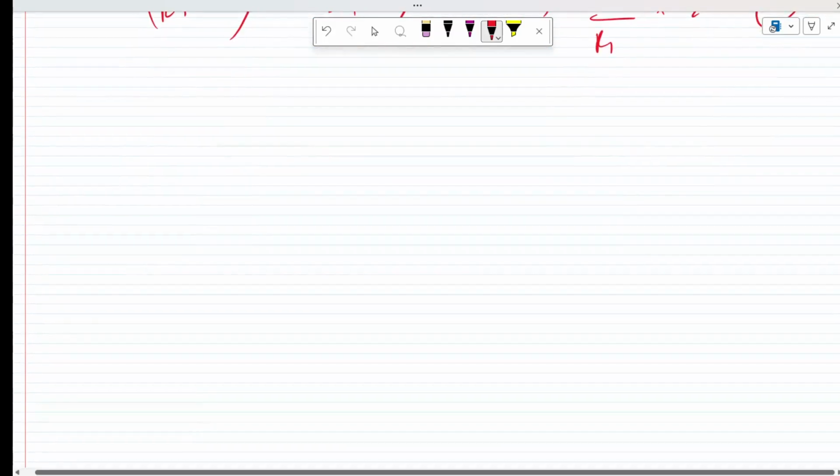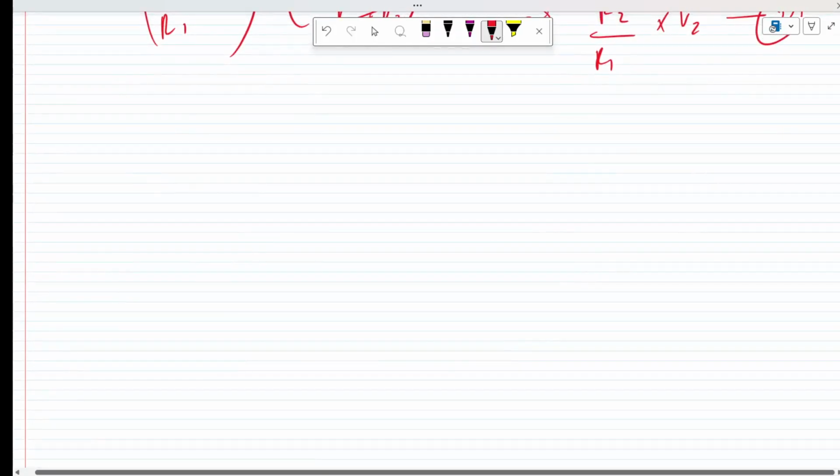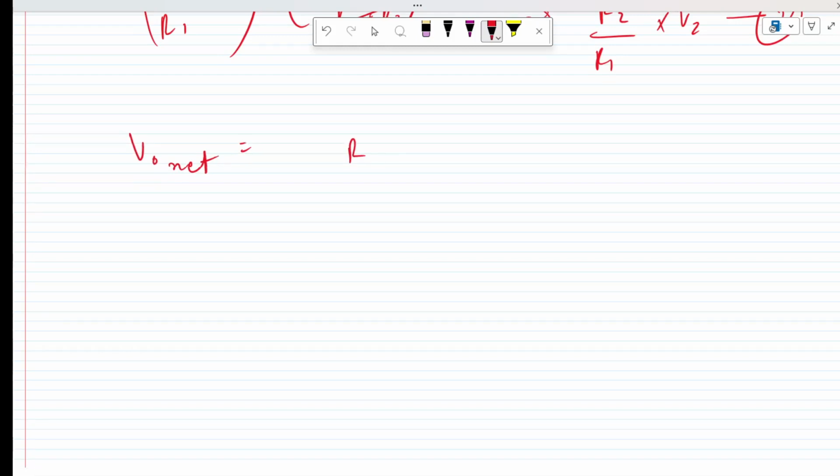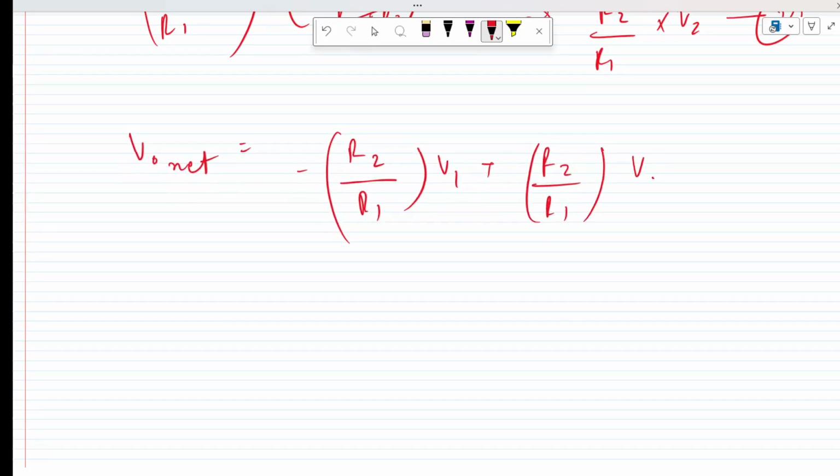Now what is the net value of V output going to be? This would be negative R2 over R1 times V1 plus R2 over R1 times V2, by the principle of superposition. This would be V2 minus V1 times R2 over R1.